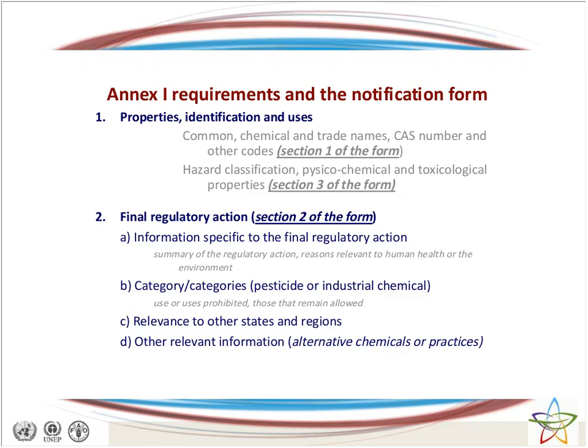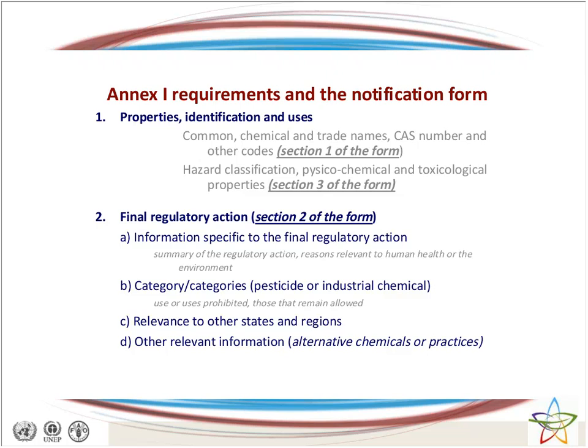Section 2 of the form is very, very important, and it describes the final regulatory action. It should include information specific to the final regulatory action, and in particular, the summary of the regulatory action and the reasons relevant to human health and the environment for the action.